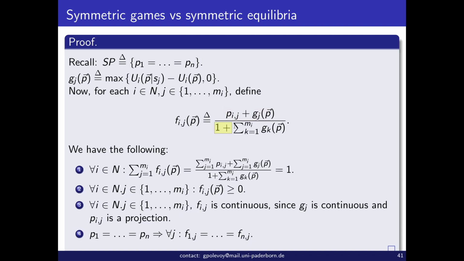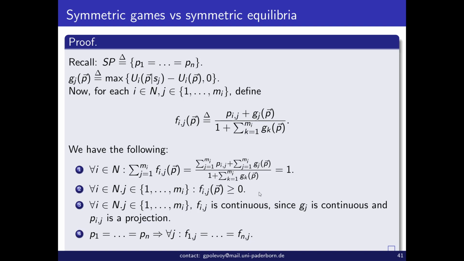It's still a normalization because we immediately get the following properties. For every player, the sum of F_ij(p) is 1. Now, for every i and j, F_ij(p) is non-negative because the p's are all non-negative and the G_j's are all non-negative. By the way, it's legal to divide by 1 plus the sum of G_j's, because even if the sum of G_j's is 0, it's never negative, so 1 plus it is always a positive number, at least 1.